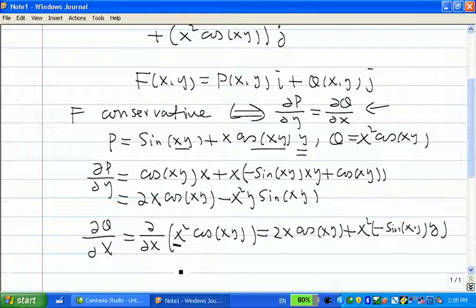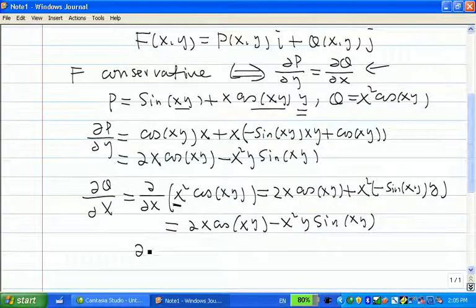Simplifying this gives you 2x cosine xy minus x squared y sine xy.